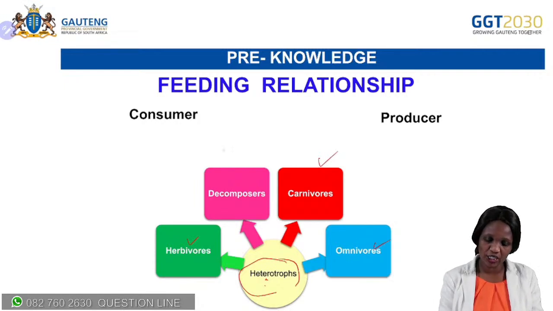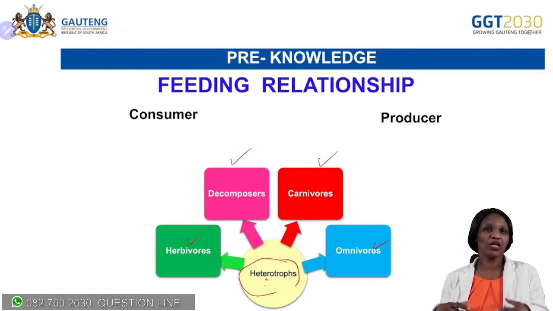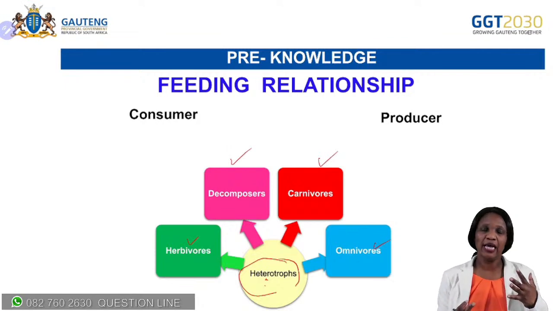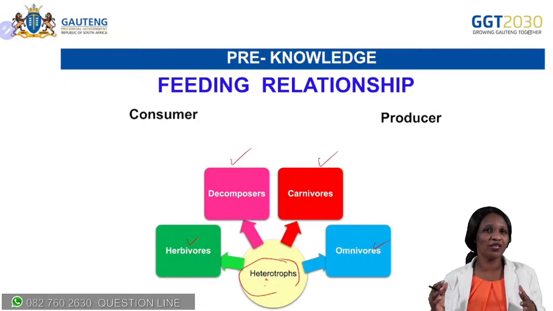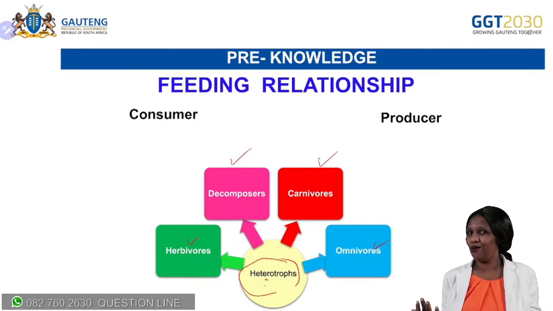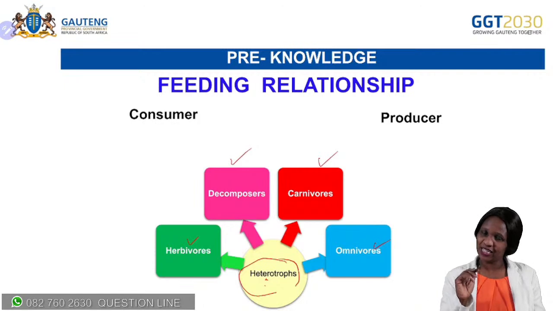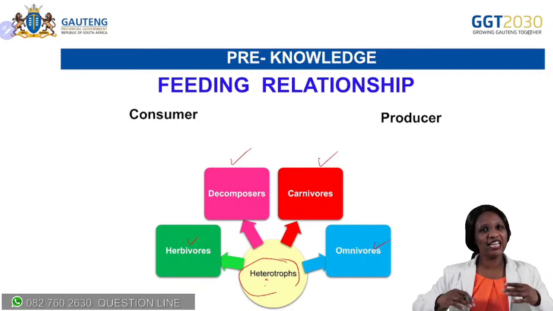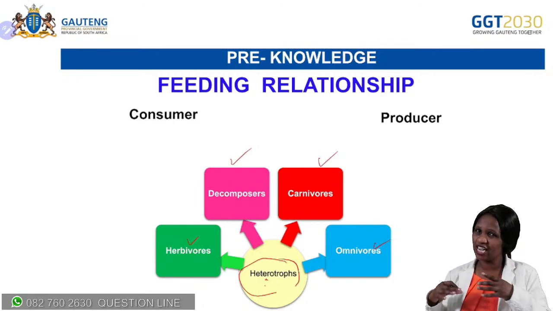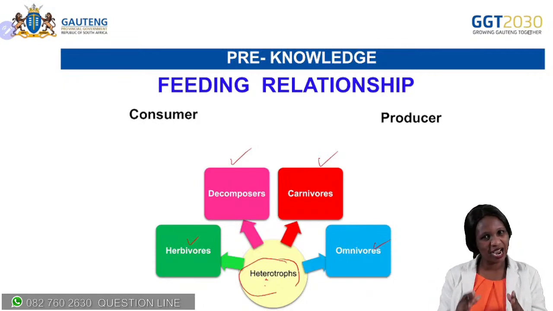And then we've got decomposers. You'll come across decomposers in each and every stage of the food chain or the food pyramid or trophic level. The decomposers break down dead matter. It can either be a plant or even an animal. It breaks it down, all right?